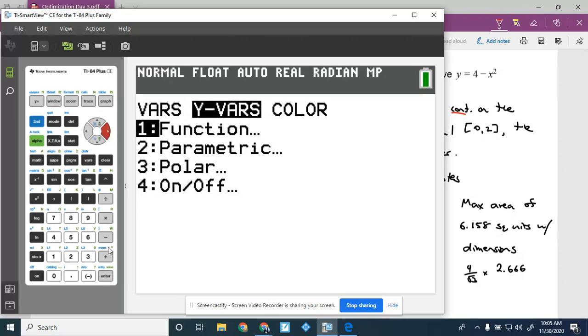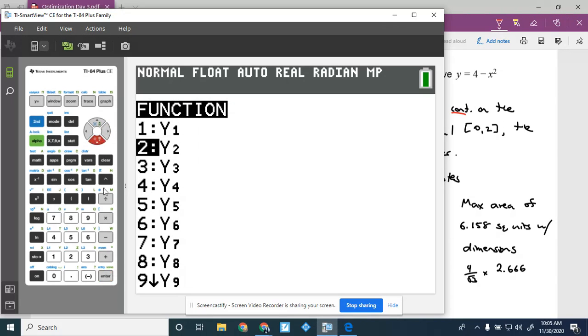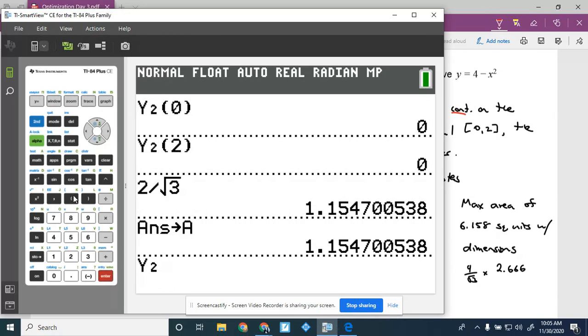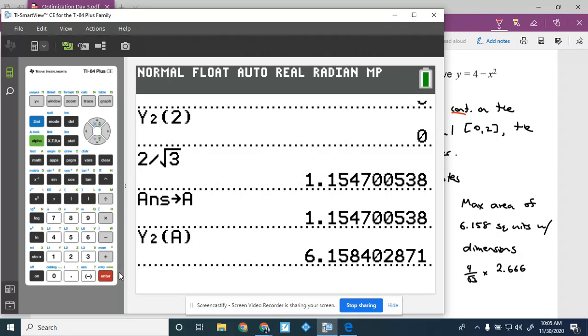So likewise, I can go Vars, Y-Vars, Function, Y2. Sorry about the little noise that you heard. So I put in A here, I'm going to get that, and that's what you can see I wrote down right here, which is pretty good.